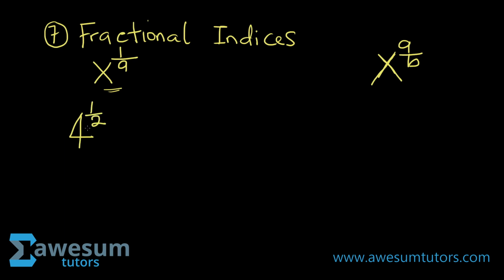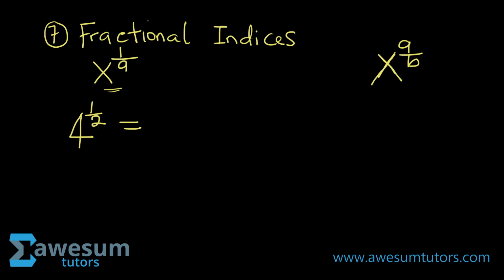So what the fractional indices is saying is that the denominator of the fraction is going to become a root. It's going to become a root. Now, what do I mean right here?